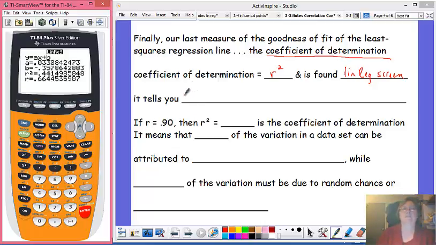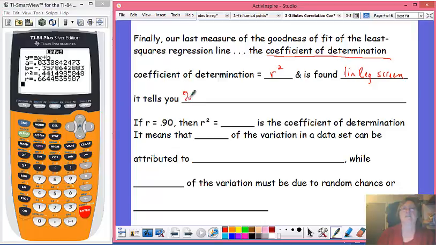The coefficient of determination tells you the percent of variation in Y due to using X as a predictor. I'd like to put that in some terms that make a little bit more sense. What it's saying is, in the example we're looking at, GPA varied a lot, but the percent of variation in our GPAs due to using IQ as a predictor was about 44%.